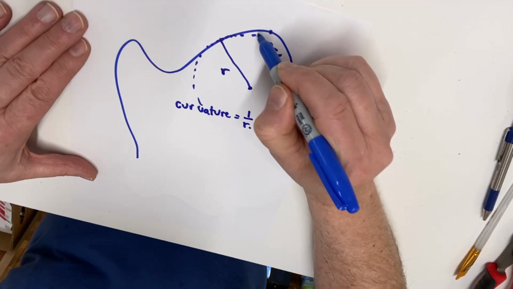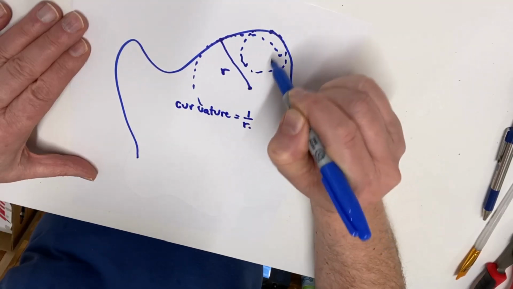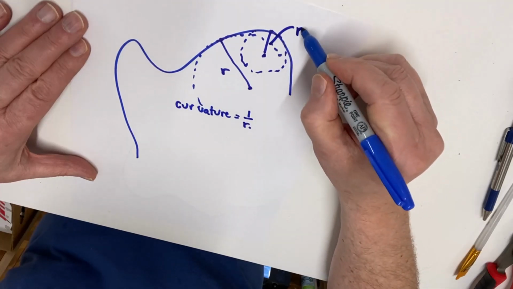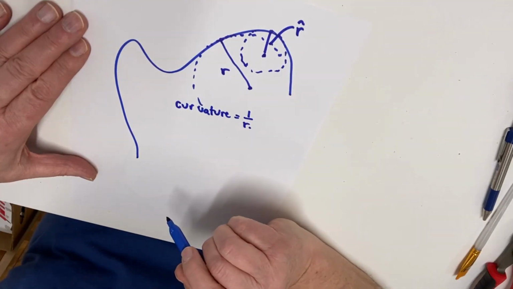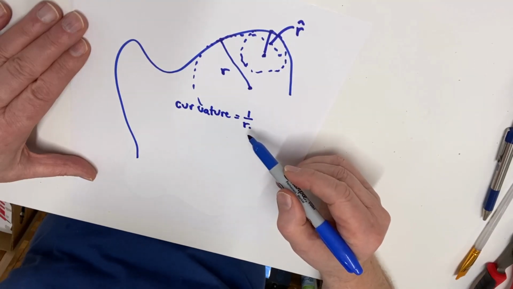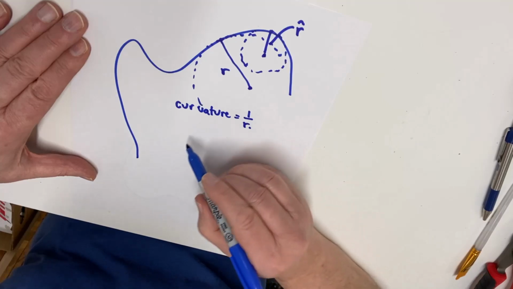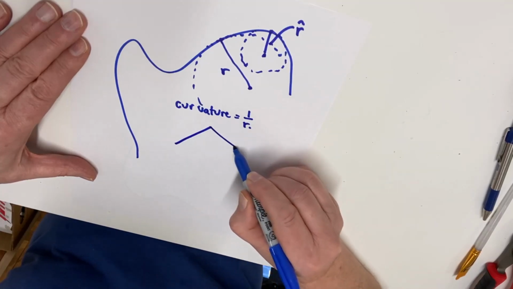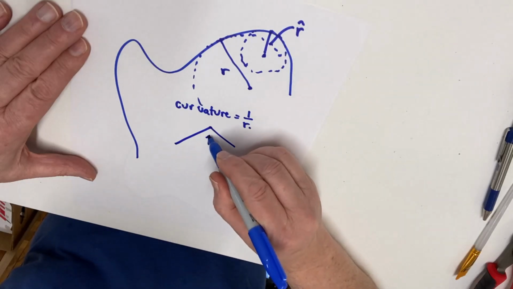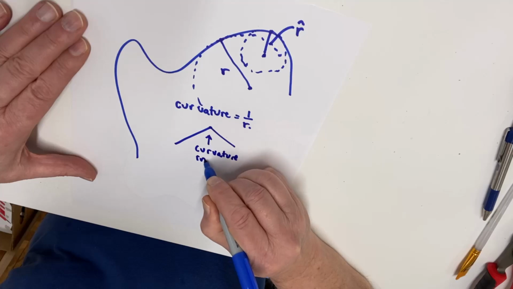And of course, over here, you draw a different circle, right? And the circle that fits is smaller. So the R over here is smaller, but that means 1 over that R is bigger. And one final thing I can say is if you have a curve that has a kink in it, okay? Well, here you could say the curvature is infinite.